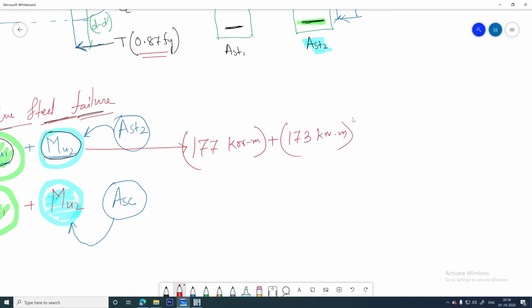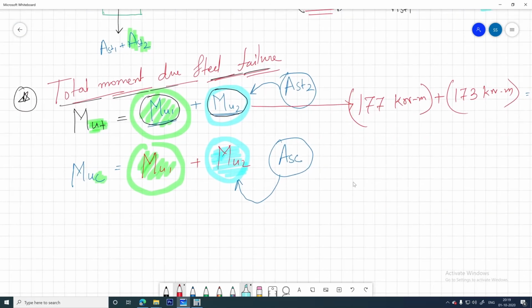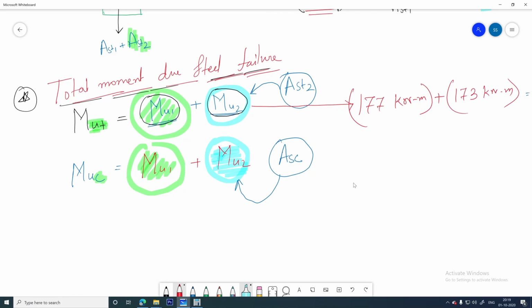So when you add these two and solve, you will get the value that is 250, sorry, 350 kilonewton meter. Got it? So this is one value of the total moment due to the steel failure. Okay, so we got this particular value due to the steel failure.